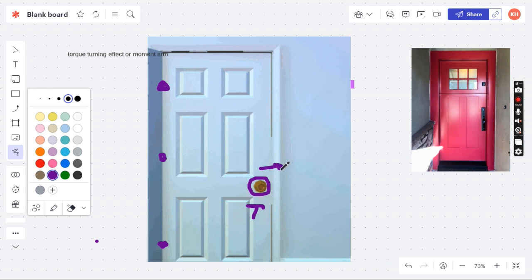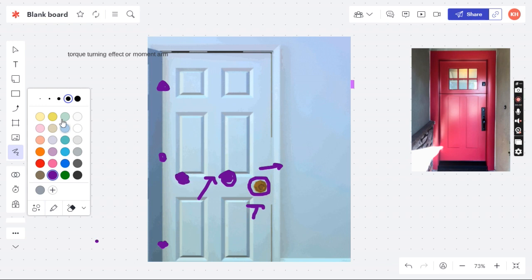But if I shift the point of application here, for example, and apply force, you need a little bit more force to open the door. And if you shift it here, you need a large amount of force just to open the door.